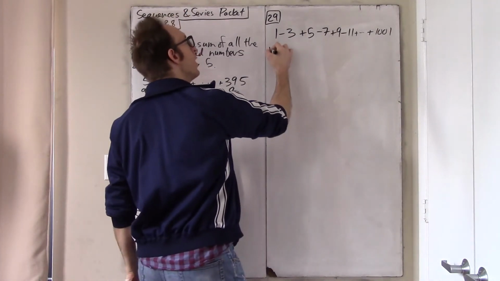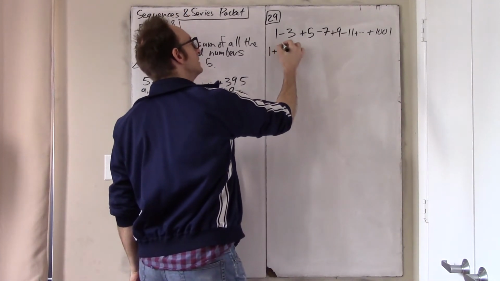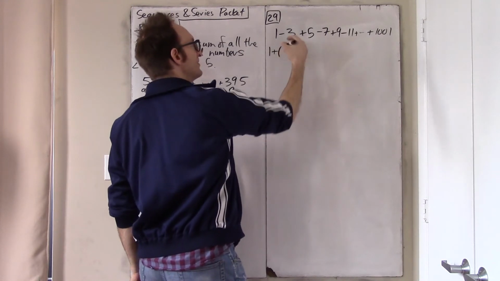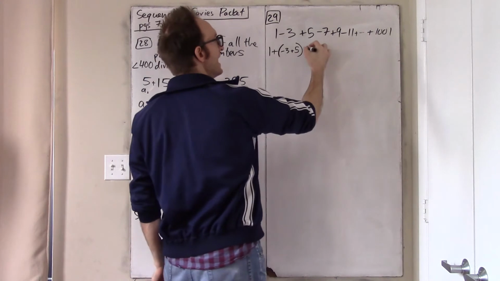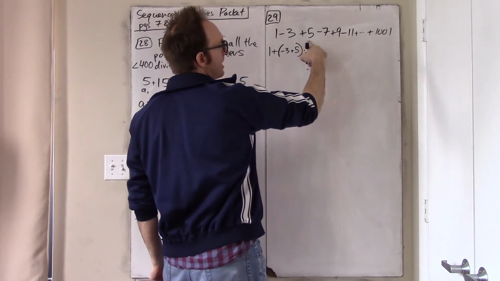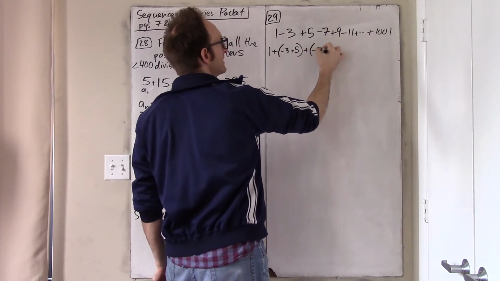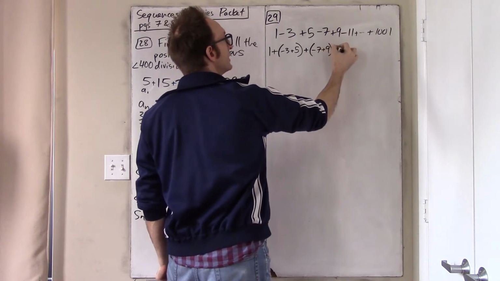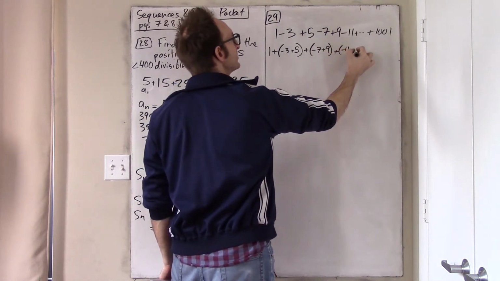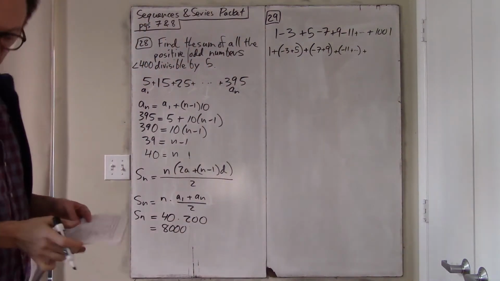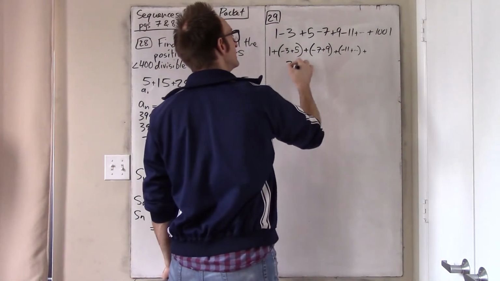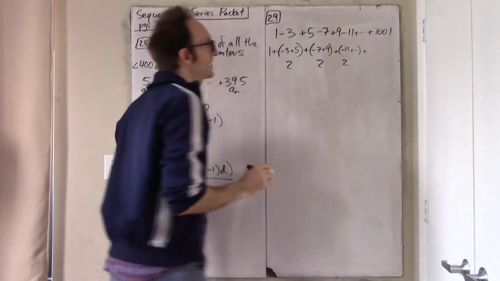We're going to think of this as 1 plus, and then in parentheses we'll write -3 plus 5. Then what's next? -7 plus 9. What's next? -11 plus, and what can be seen by grouping is that all of these are just 2. So that's 2, that's 2, that's 2, etc.